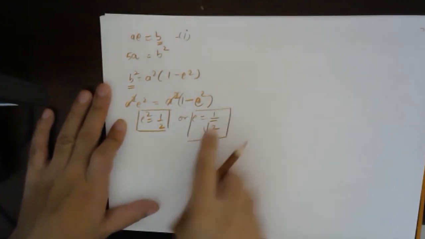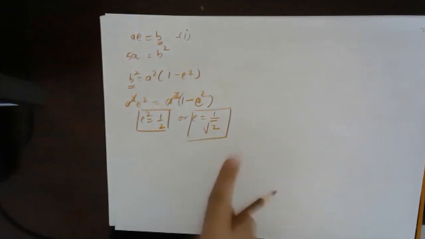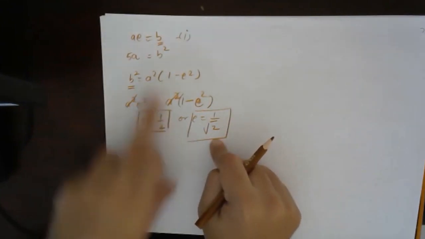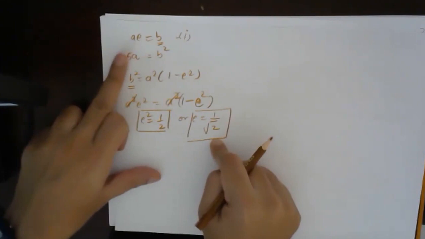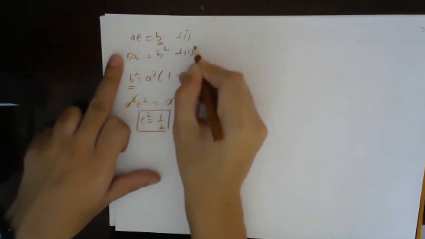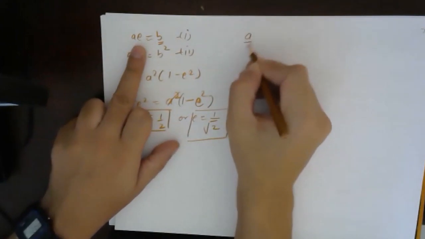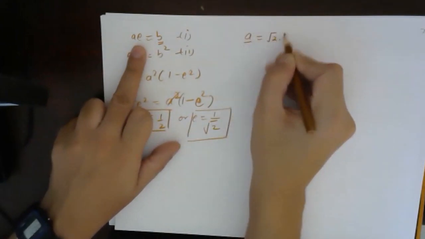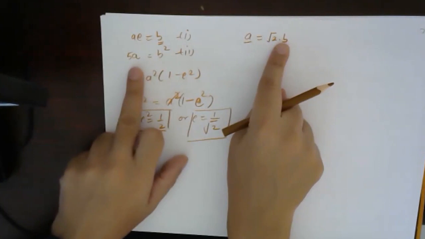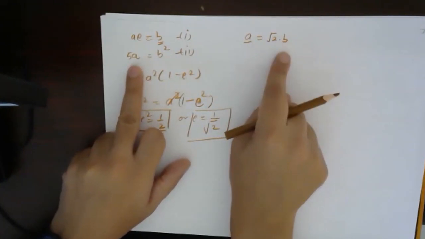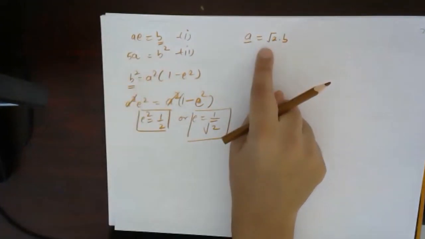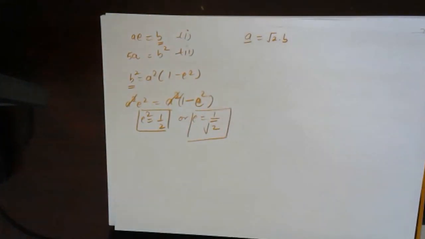Now that I have the value of e, I can substitute in the first or second equation. So a is equal to root 2 into b. I will substitute here, and I can get the values of a square and b square. Understood?